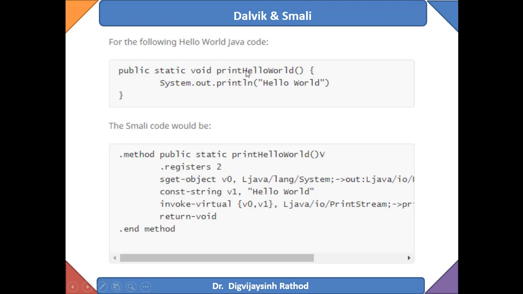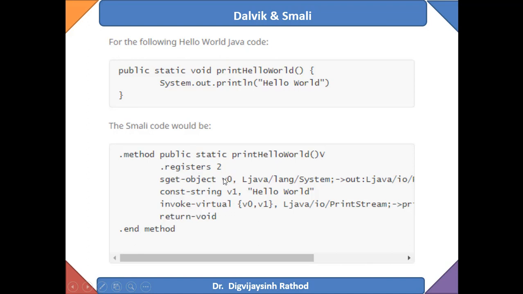Obviously this code is in Java. The Java application is compiled into Dalvik bytecode. If you see the equivalent code in Smali, it looks like this. As you can see, const-string v1 is equal to hello world. Okay, so you need to understand the meaning of invoke-virtual.